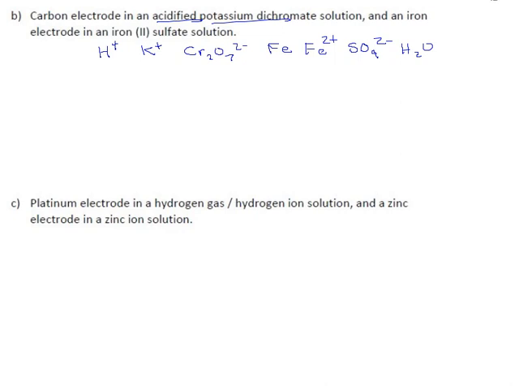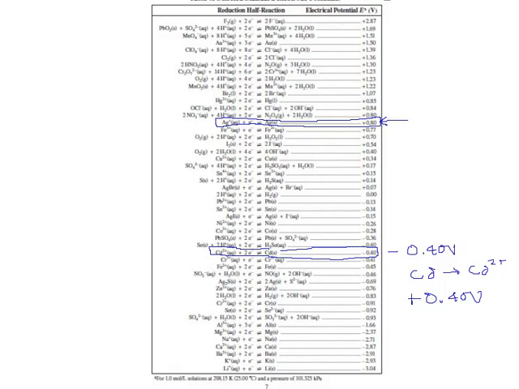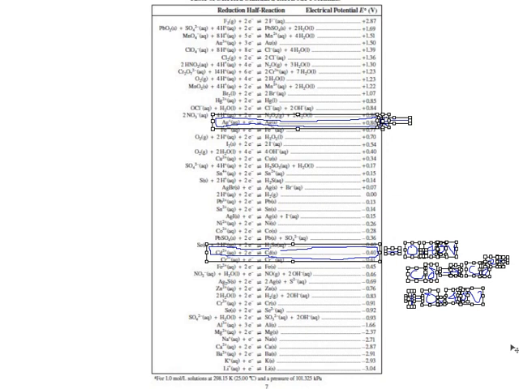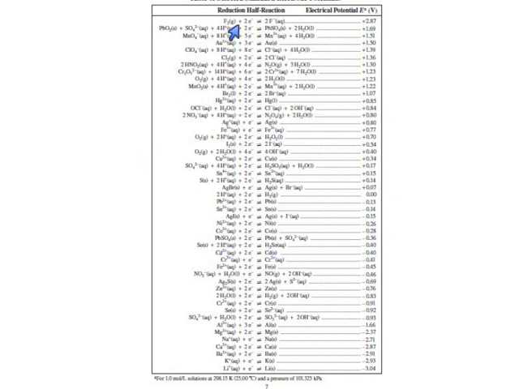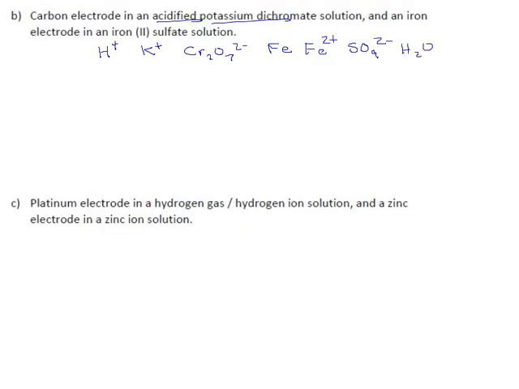So if we go to our redox table, let's clear away this older stuff. Acid dichromate is up here. It's one of the stronger oxidizing agents, and the voltage given for it is 1.23 volts. So we're going to have Cr2O7 2 minus plus 14 hydrogen.